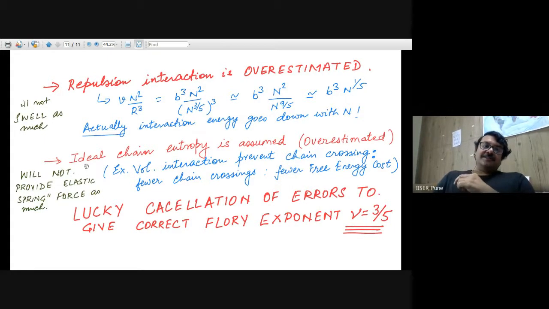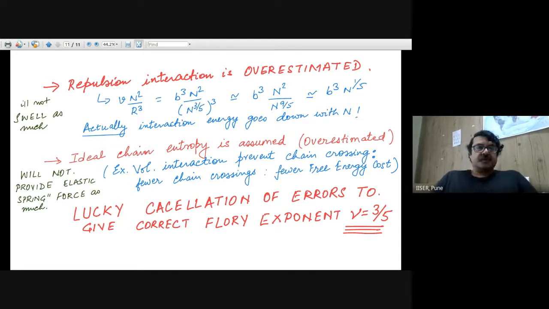Moreover, even the ideal chain entropy is an overestimation, because when we are using the ideal chain entropy, we are taking all possible conformations of the chain to figure out one estimate for the ideal chain entropy when it is stressed. In practice, much fewer conformations will be allowed because chain passing won't be allowed, and there's a finite size of the polymer monomers.